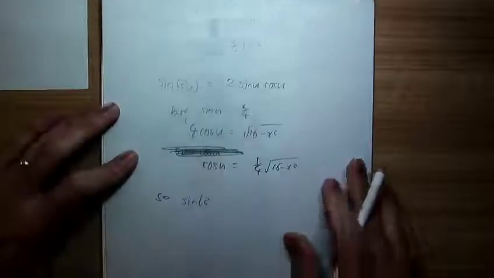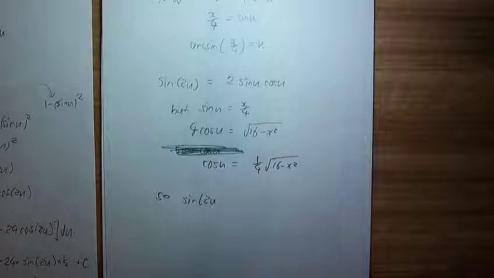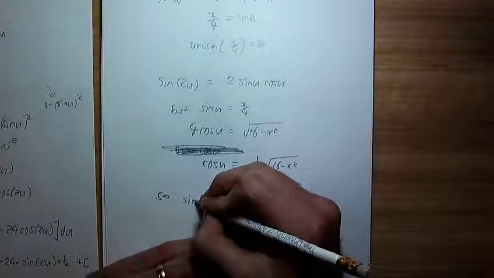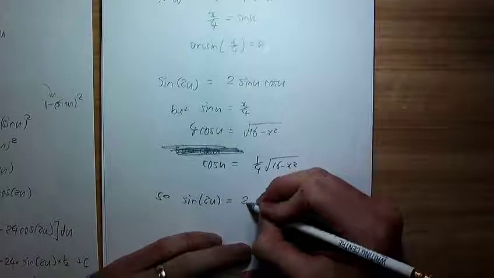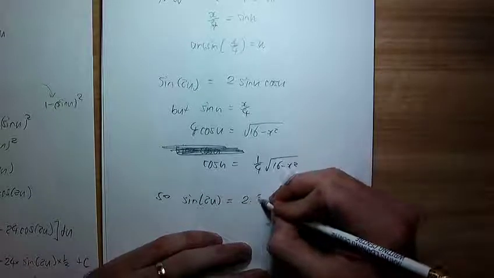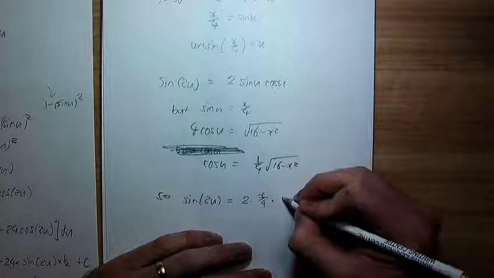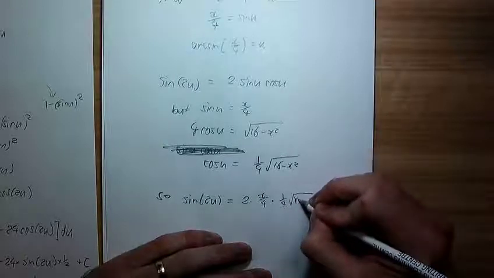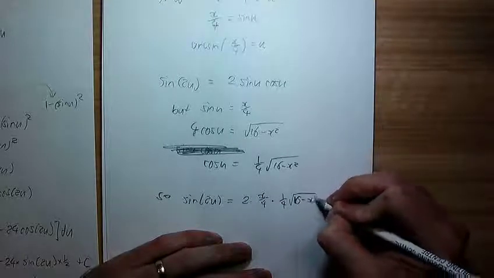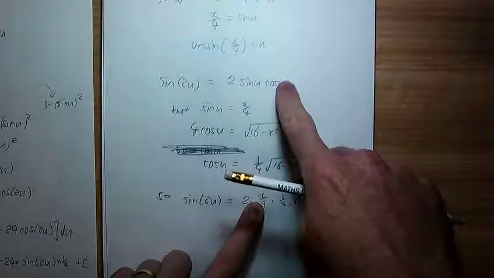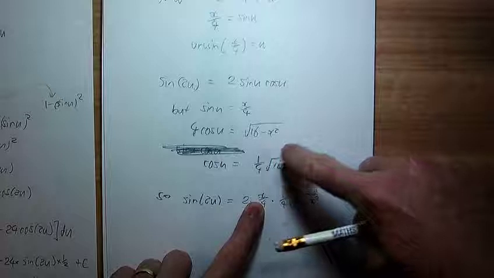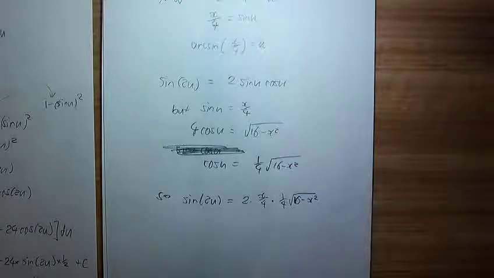Oh, thank you. I'd love a little laser line that showed me where I was. You can't have everything. I have like the most awesome job in the world. I can't really complain about not having a laser line that tells me where I am. So my sine 2u, which is 2 sine u cos u, sine u is x on 4, cos u is this, and that's going to come out to whatever it comes out to.